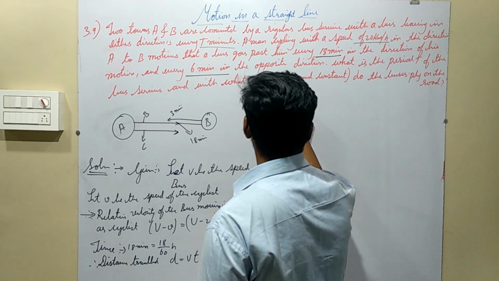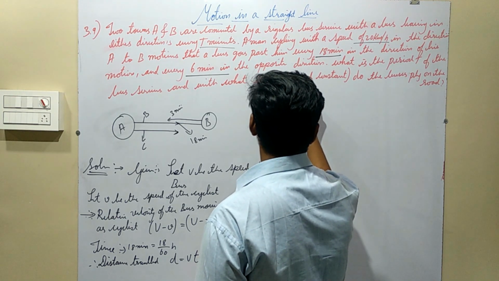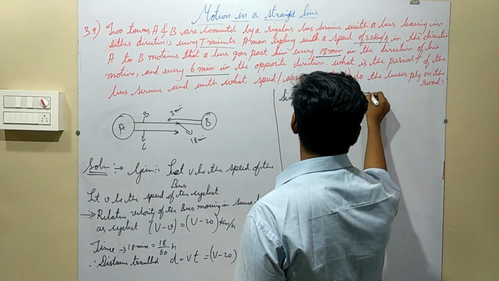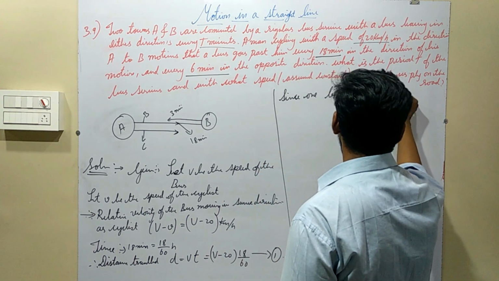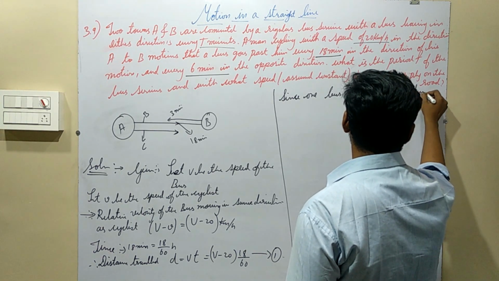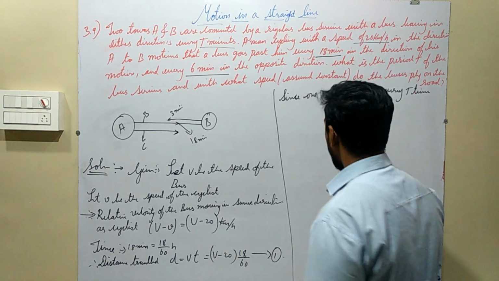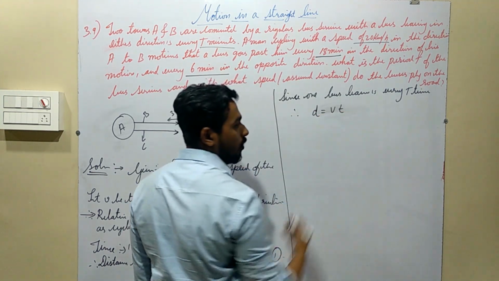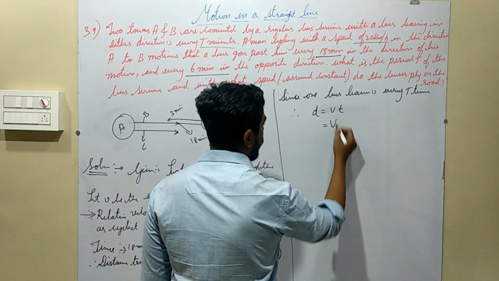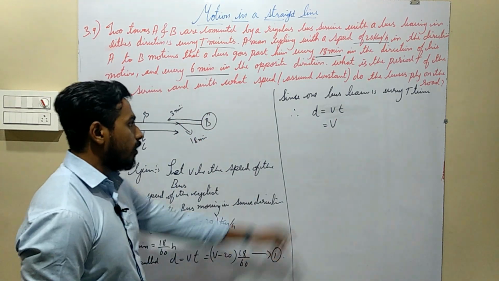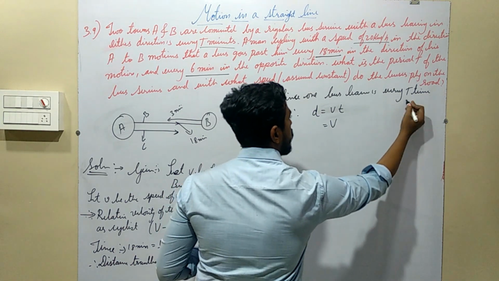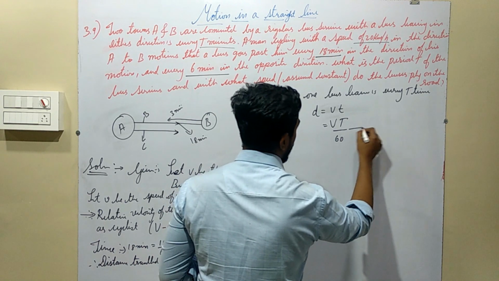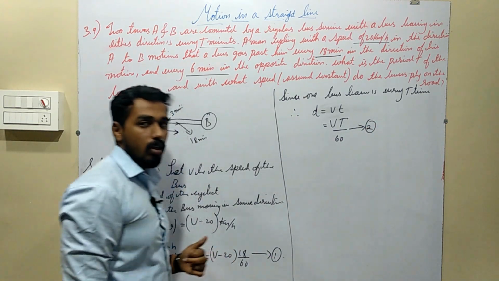Therefore, since one bus leaves every t time, d is equal to v into t. Velocity is capital V, but time, for this it is in minutes, therefore t divided by 60. Let us represent it as equation 2.